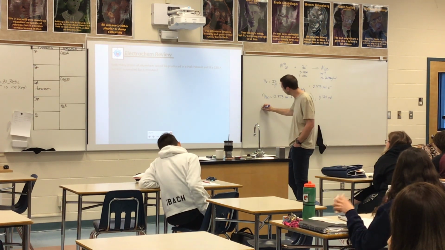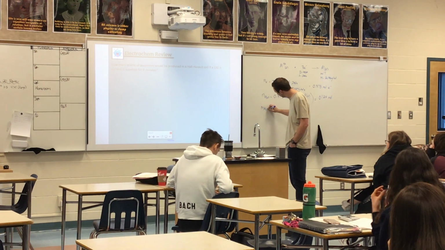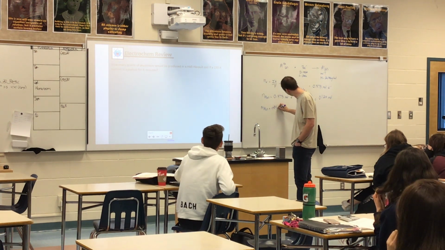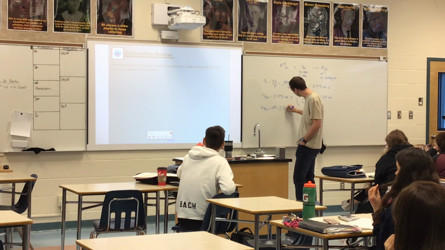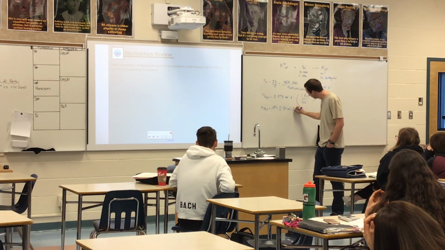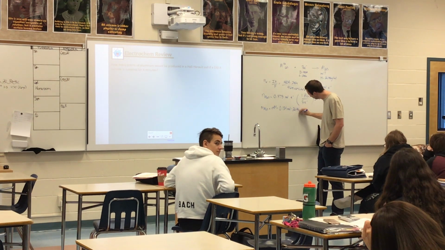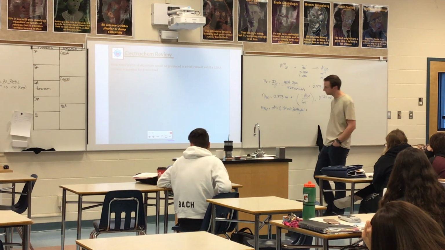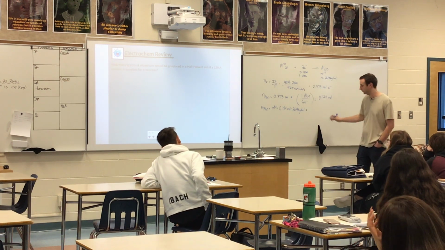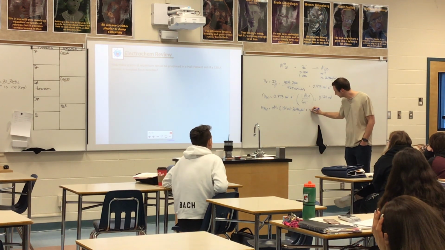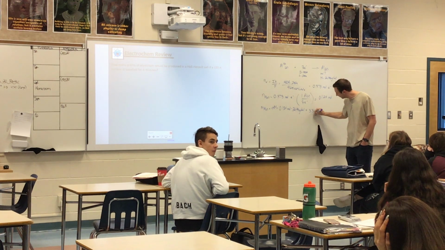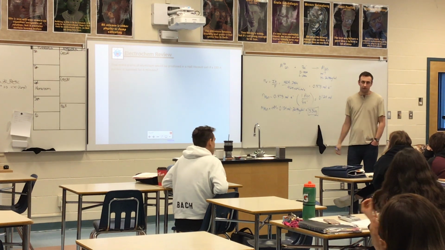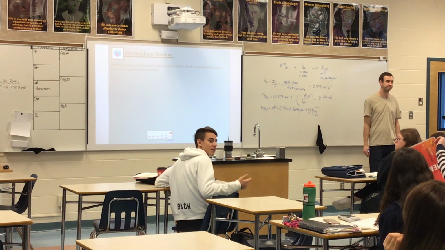For mass, moles comes from the mass, so 0.124 moles multiplied by 26.98 grams per mole. What do I get? 0.36? Sure. I'm done, responding my answer.